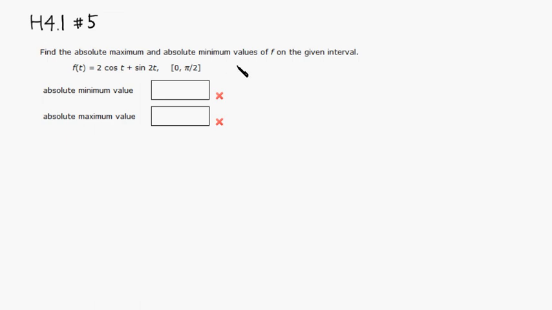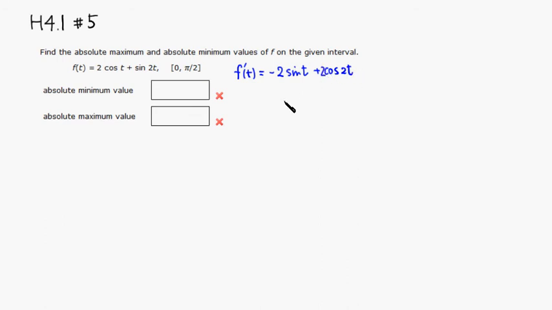So f prime of t is equal to, the derivative of 2 cosine t is negative 2 sine of t, and the derivative of sine of 2t would be plus cosine of 2t times 2, because of the derivative of 2t.